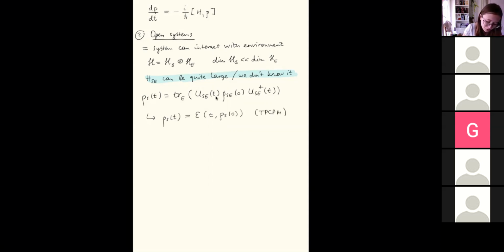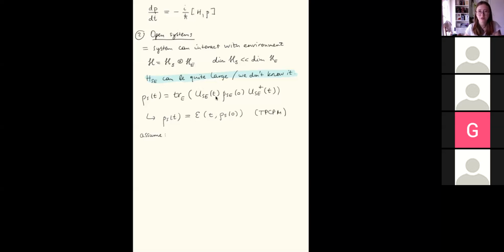Another assumption that we make when we write this, adding to our motivation, is that the environment is much bigger than the system itself. So we assume that the dynamics of the environment are much faster than the interaction that happens between the system and the environment.